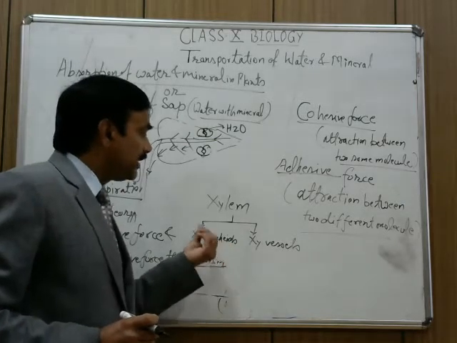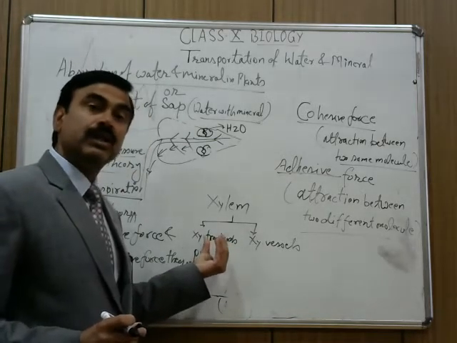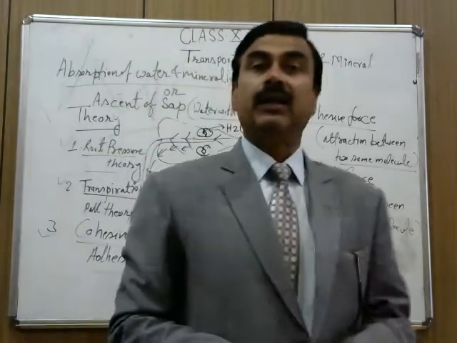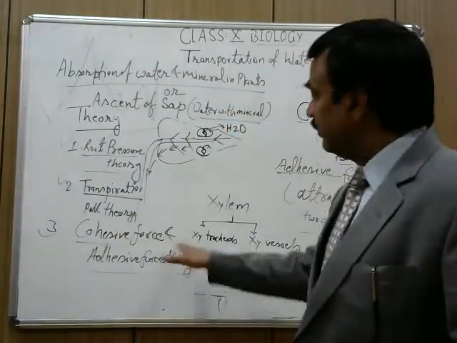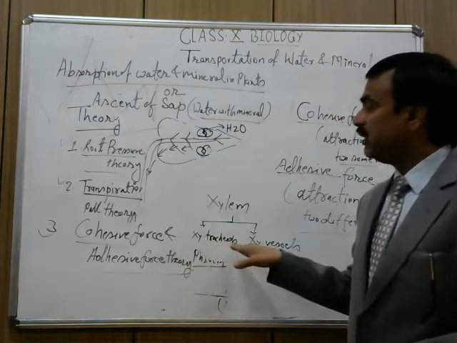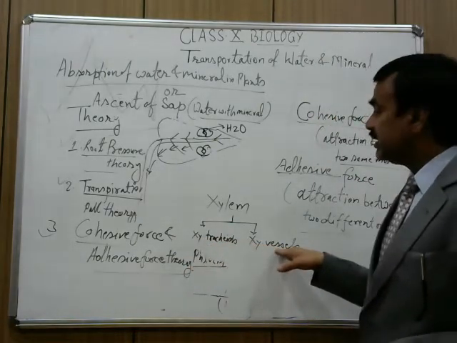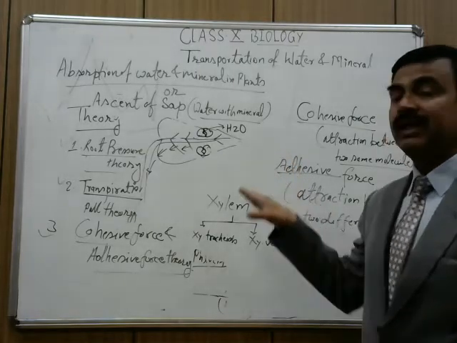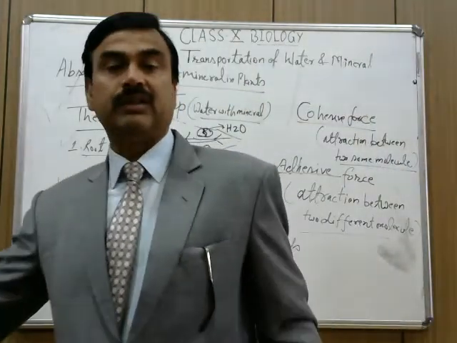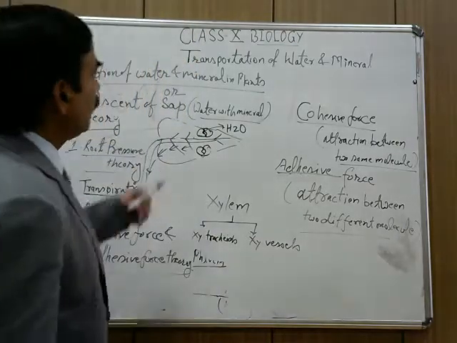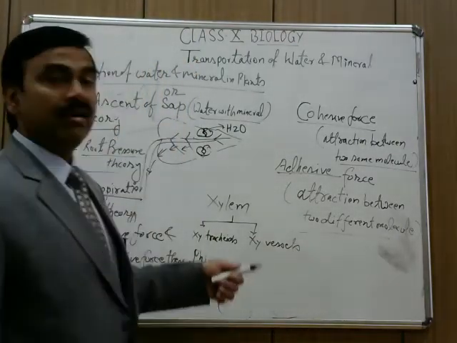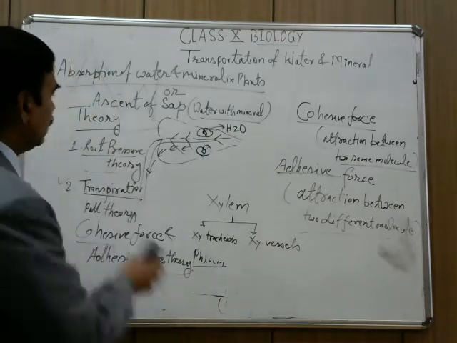These two conducting tissues are playing a vital role in the absorption of water and mineral. What are the tissues? Xylem tracheids and xylem vessels. So this module is complete for this topic, absorption of water and mineral in the plants, or ascent of sap in the plants.